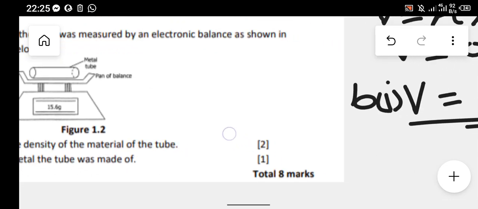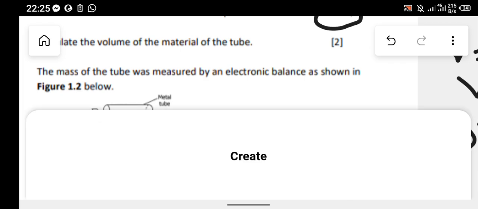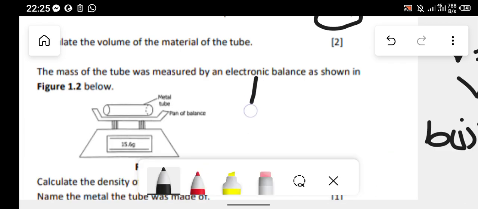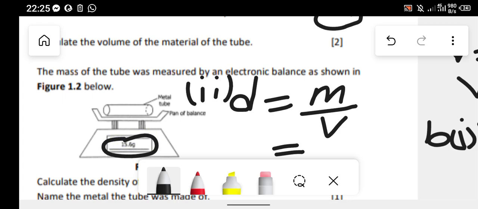So let me just move. I think I can do it from here. So this should be enough. This is question B2. We know that density is equal to what? Mass over volume, right? And our mass has been given here, which is 15.6 grams. I hope you can see it.